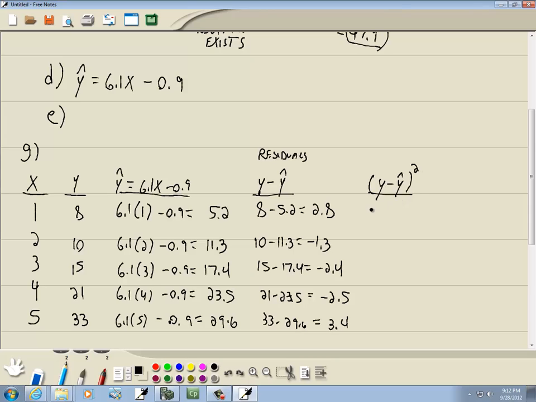Well, then we want to square those. So I got 2.8 squared, negative 1.3 squared, negative 2.4 squared, negative 2.5 squared, and 3.4 squared. Remember, when you square anything, it becomes positive.